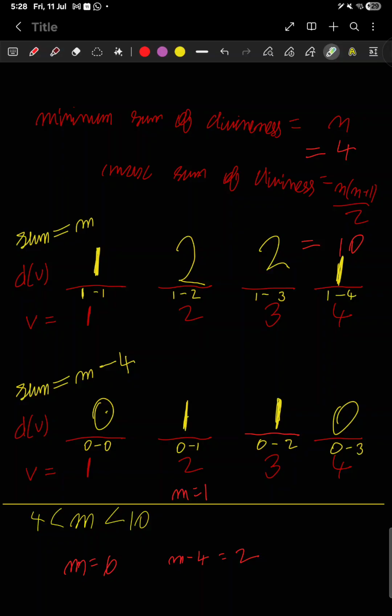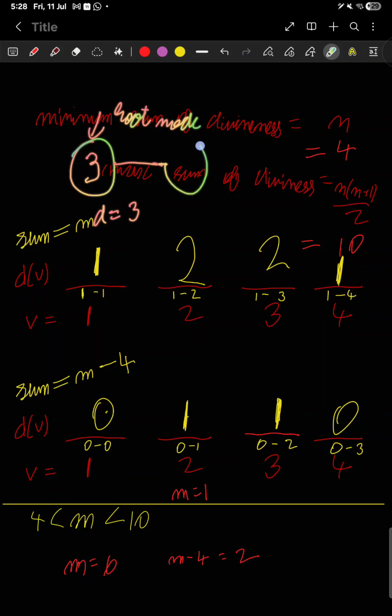So earlier we had seen that if the divineness of a root node is 3, for example this is the root node, so divineness equals 3, then the divineness of its children would be less than or equal to this. If the number is greater than the divineness, then the divineness is equal to that of the parent.